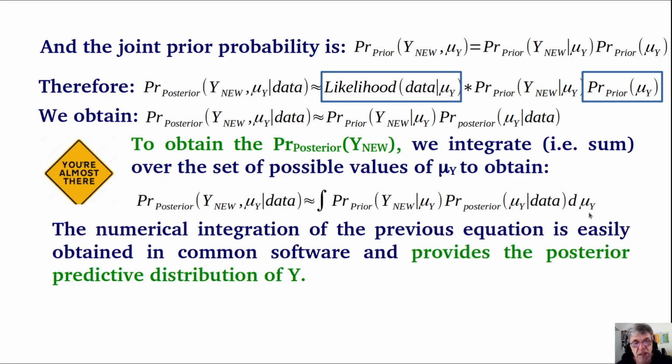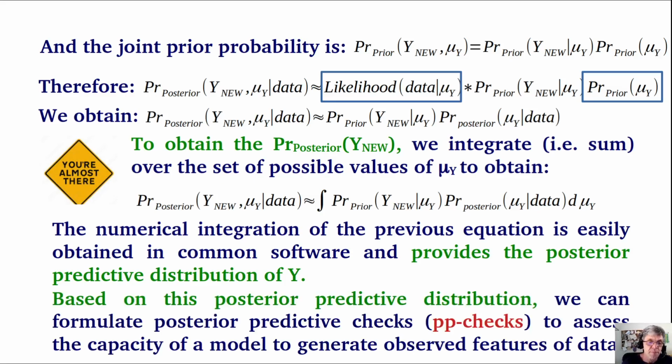The numerical integration is carried out easily in common software and provides the posterior predictive distribution of y. Based on this posterior predictive distribution, we can formulate what are called PP checks, or posterior predictive checks, that are extremely useful and powerful ways of assessing the capacity of a model to generate observed features of the data. But let's first have some intuition about this threatening looking equation of the posterior distribution of the new data.